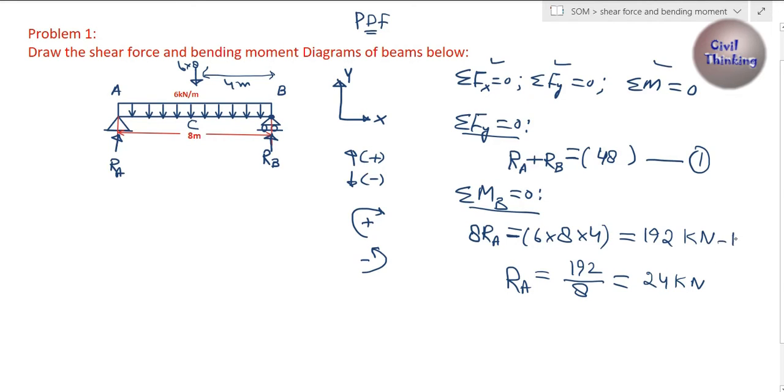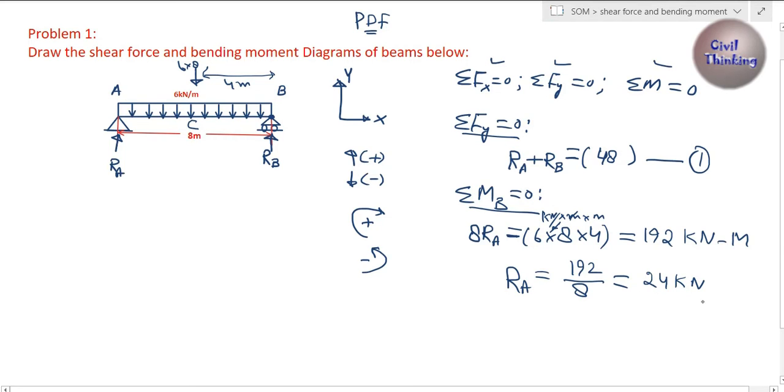Basically this is kilonewton meter here. See how? This 6 is 6 kilonewton per meter, and 8 is the length, in meter, and 4 is again meter. So you cut meter and meter, you get kilonewton meter.